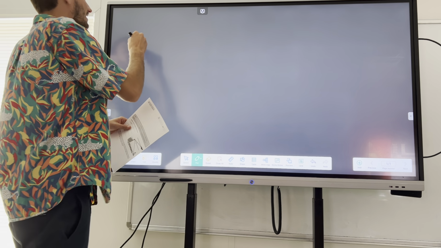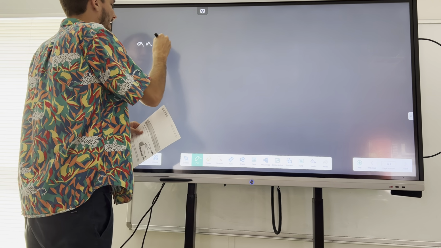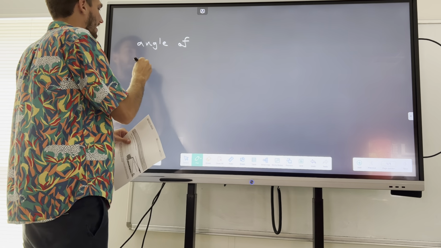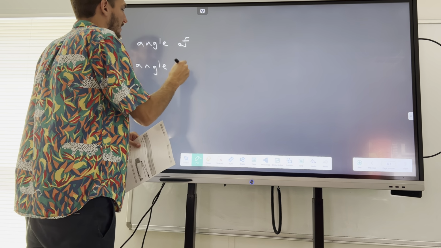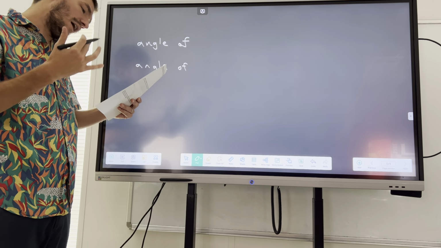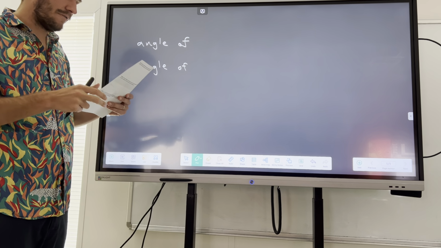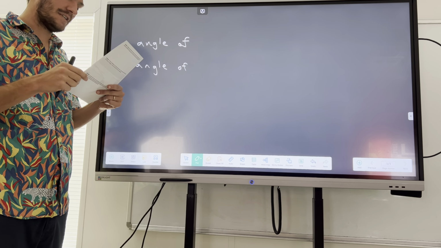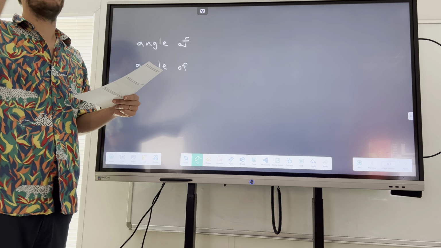We have two things, the angle of blank and the angle of blank. One of them, the angle of, is an angle formed by the horizontal line of sight when looking up.